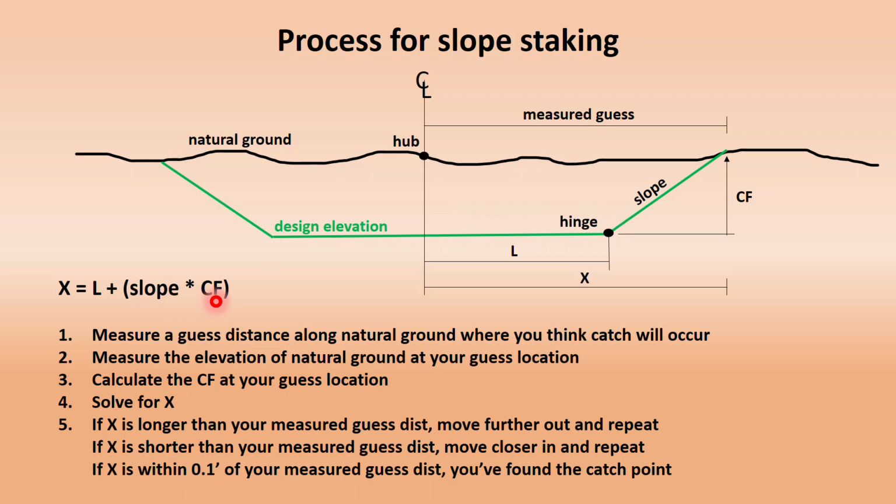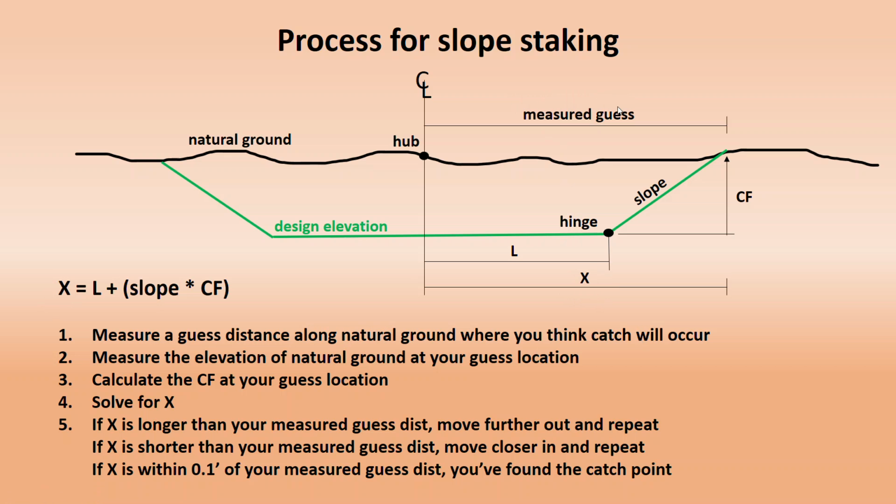Slope times cut fill is the variable distance. You add that to L to get X. If your computed value for X is within 1/10 of a foot of what you initially guessed, you found your catch point, and you stick a stake there in the ground.